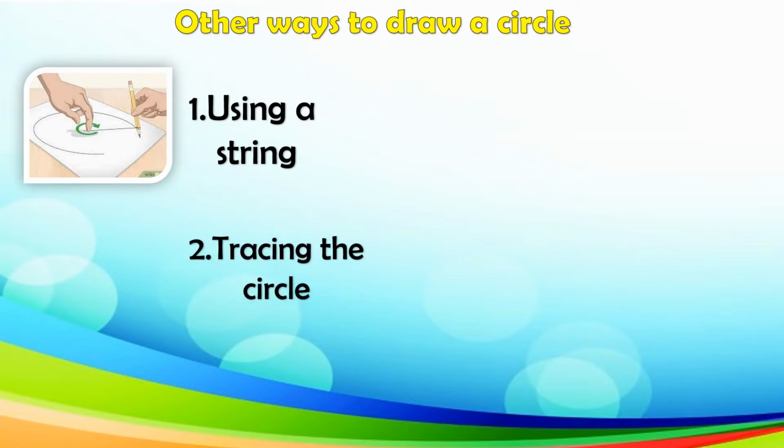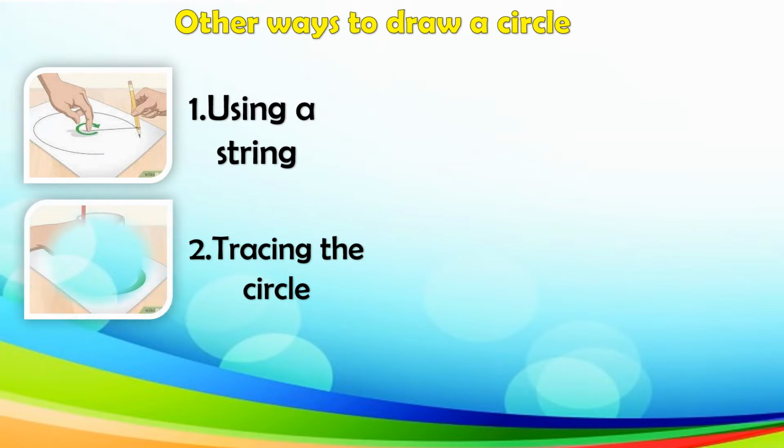Another one is tracing the circle. Maaari tayong gumamit ng kung anumang bagay na maaari nating matrace para makabuo tayo ng circle. Maaaring yung baso, plate, tape, so whatever materials that you can use para matrace natin yung circle.